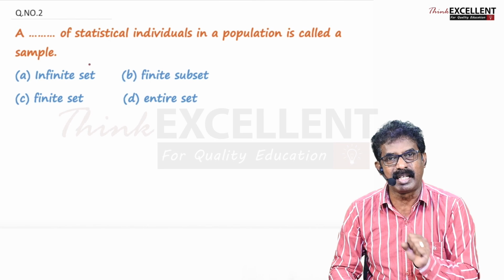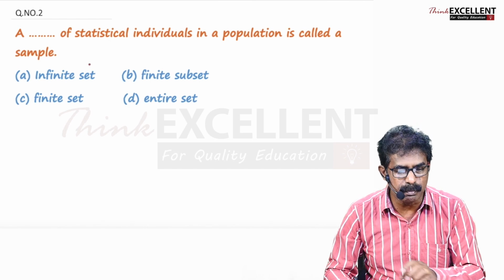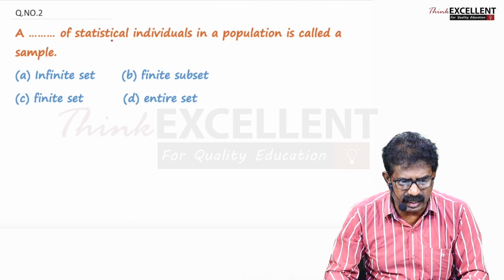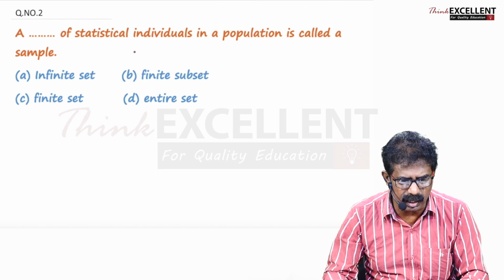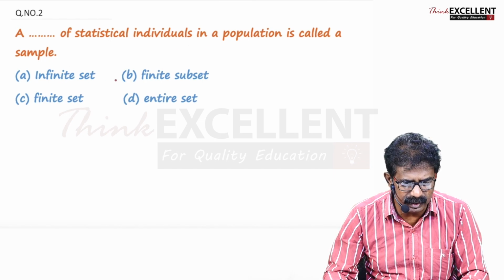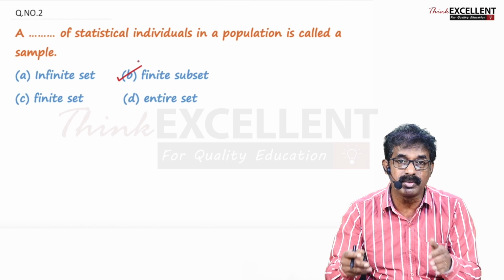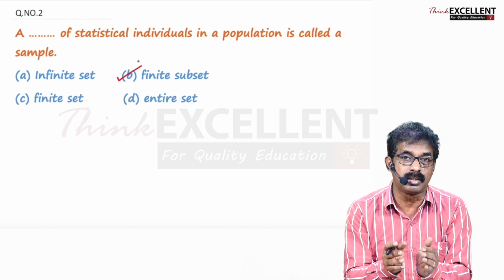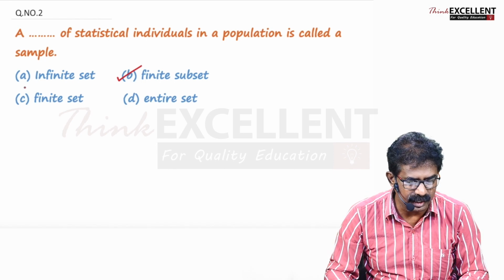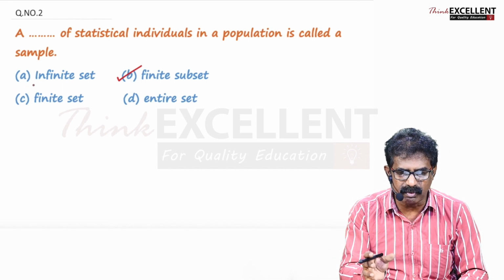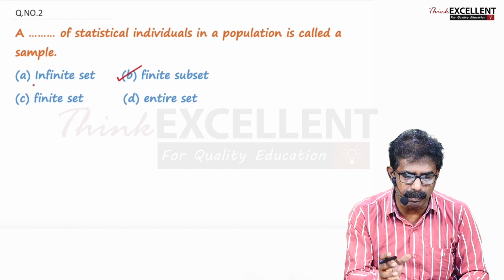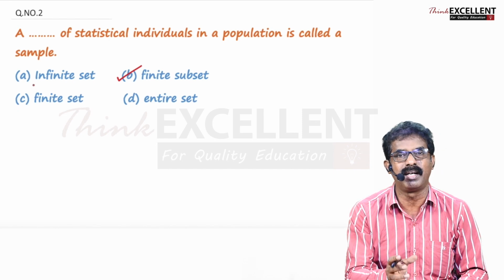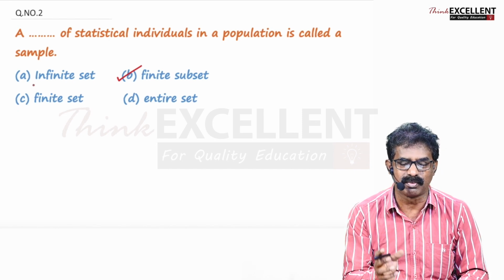We need a finite one, and that is called a sample, right? A finite subset of statistical individuals in a population is called a sample. So you have to take a sample from the population. It should be a subset and it must be finite. The finite subset from the population is called a sample, or you can say a sample is the finite subset from the population.